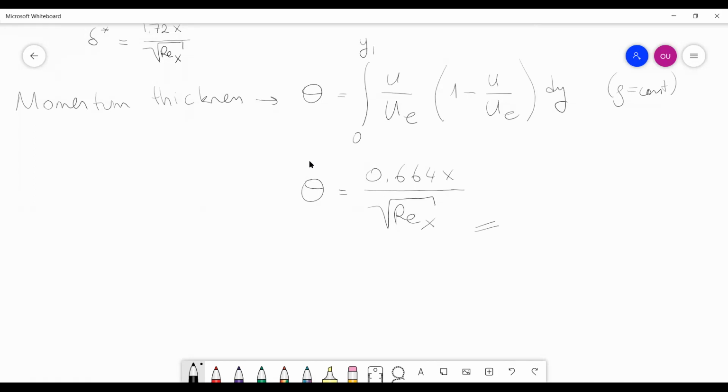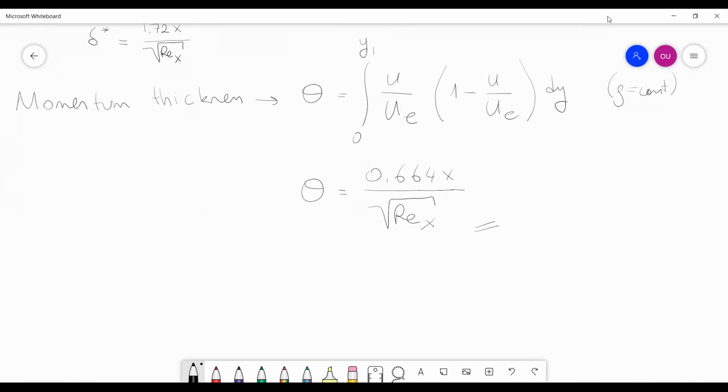So basically we obtained the full boundary layer characteristics based on the Blasius flat plate boundary layer solution. We got the delta variation, delta star variation, and theta variation.